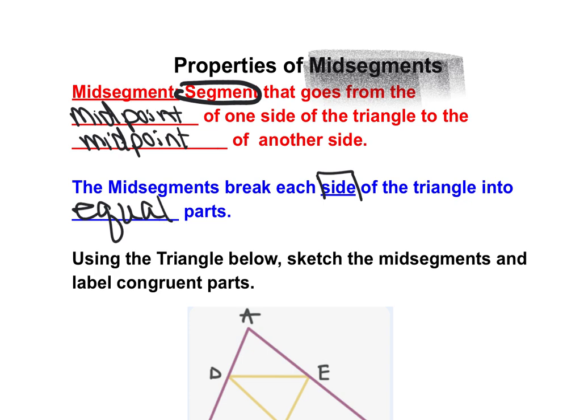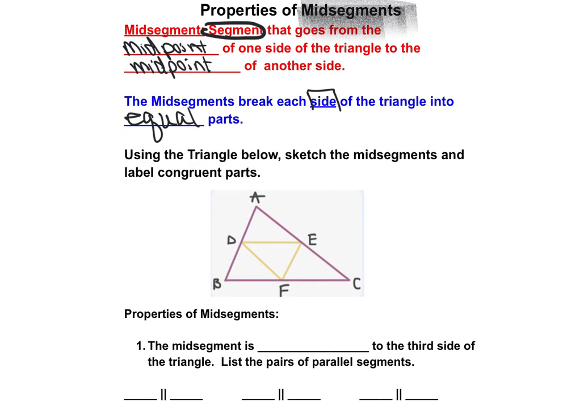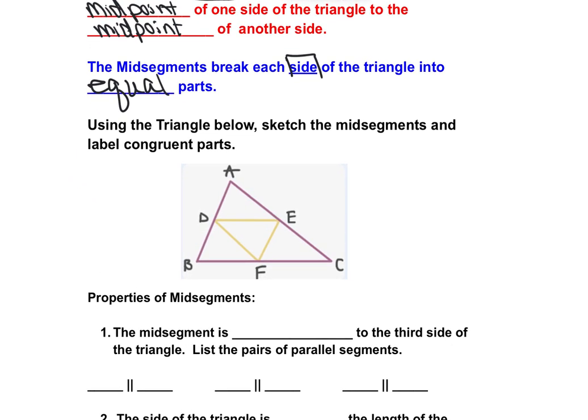Okay, so what we have drawn here in this diagram is a triangle, and that little yellow triangle on the inside is actually the midsegments. So point D is a midpoint on side AB, which means that these two portions of the side are the same.